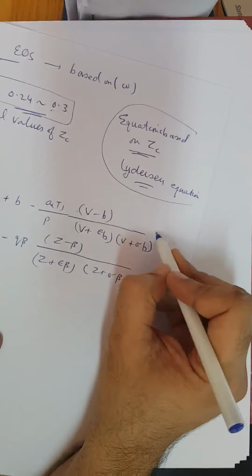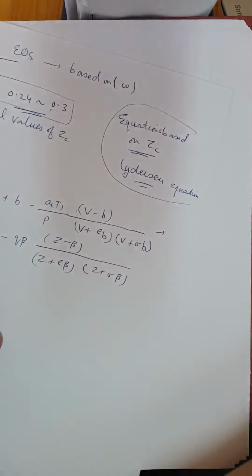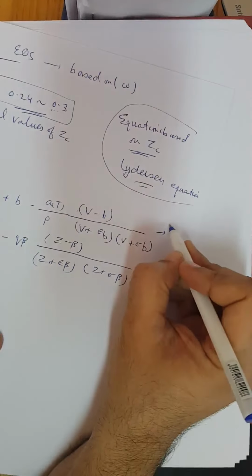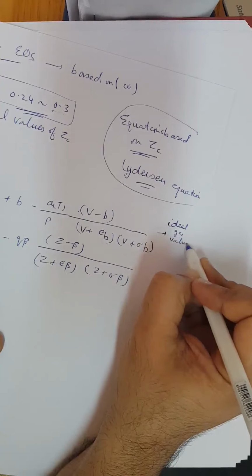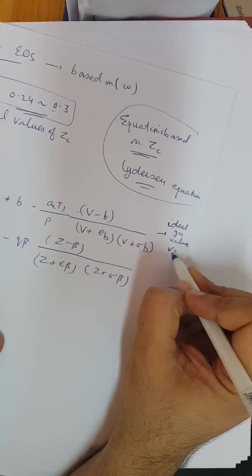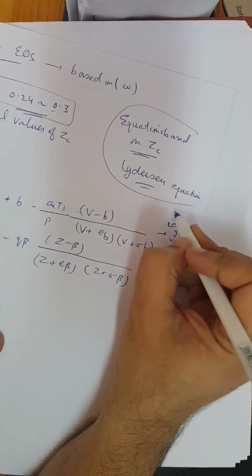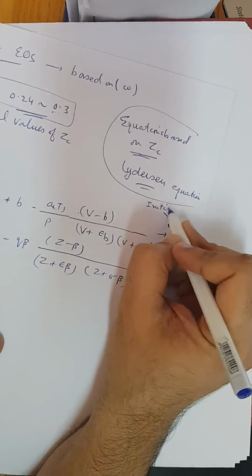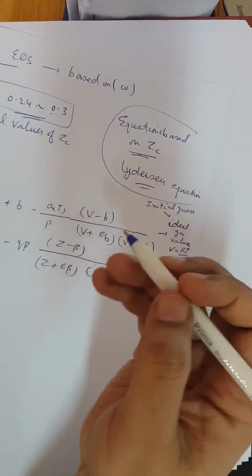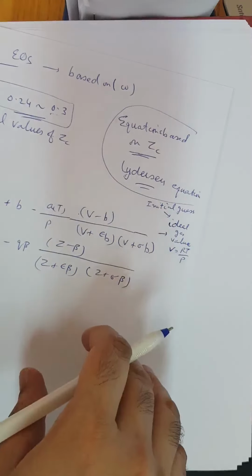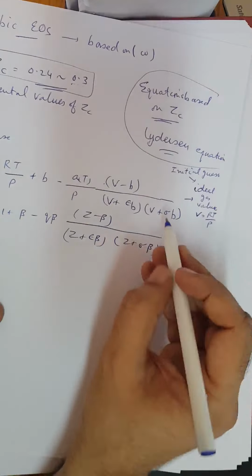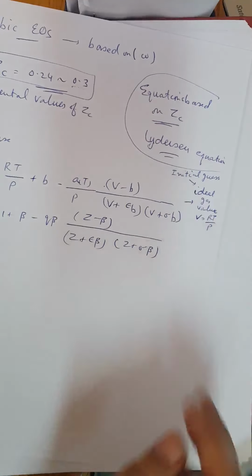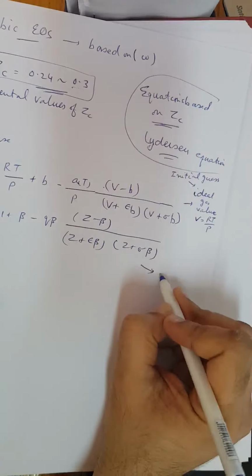Here the initial guess is the ideal gas value, like V equal to RT over P. When I start a problem, we just try to solve by giving an initial guess. If the value is close to the initial guess, it will work. The values of epsilon and sigma you can easily find from table 3.1. Again we take the initial guess Z equal to 1.